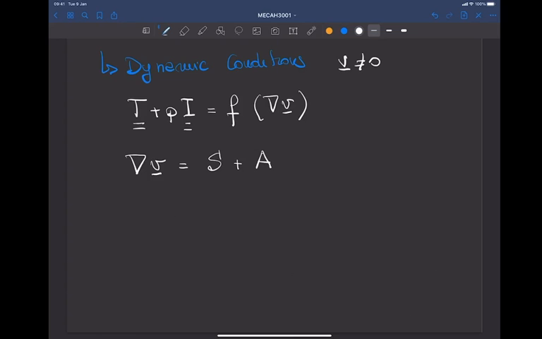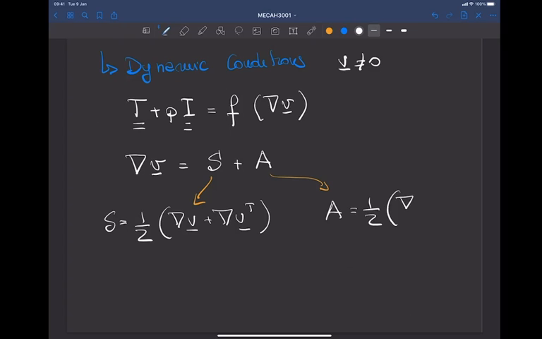So in this case, we would have that the symmetric part is 1/2 (gradient V plus gradient V transpose), okay? While the antisymmetric part will be 1/2 (gradient V minus gradient V transpose), okay?